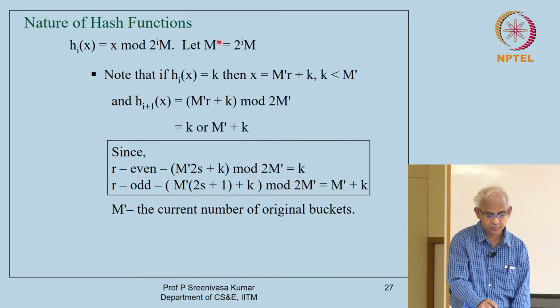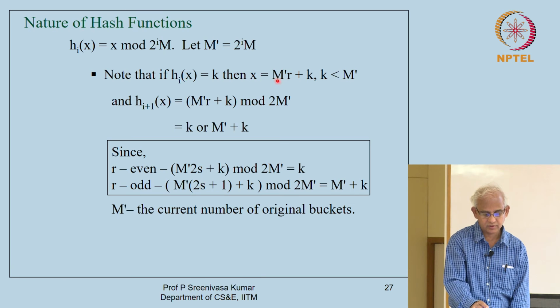Okay, let's put 2 power i m as m prime. Now, if hi of x equals k, then you can write x as m prime times r plus k, using the usual mod, where k is strictly less than m prime.